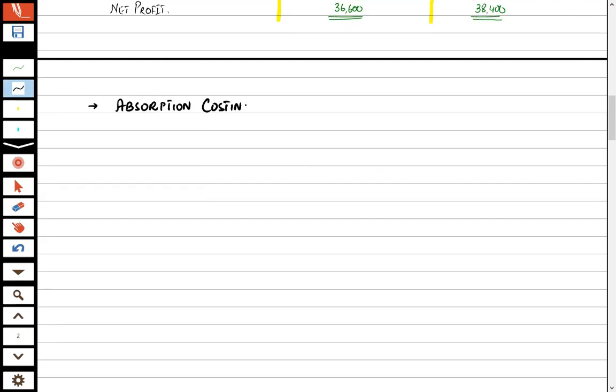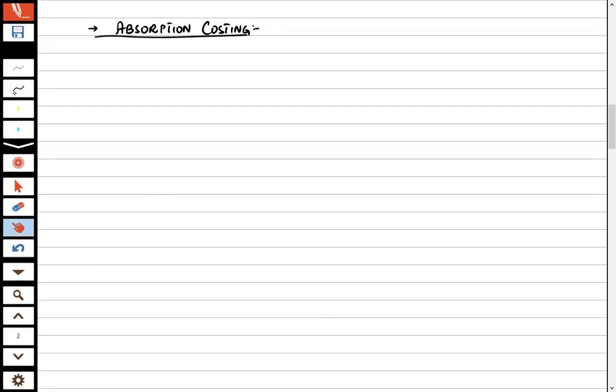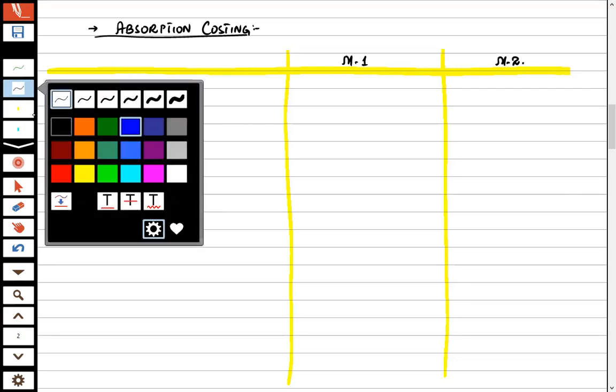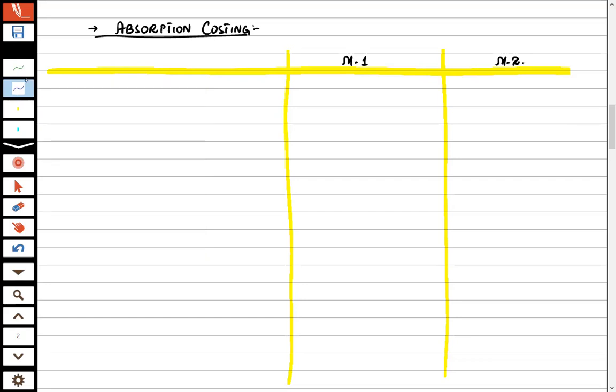That is full costing. Month one. Again, sales would remain the same, so you can refer back. That is sales for 1 month 175,000, and for month two 180,000.